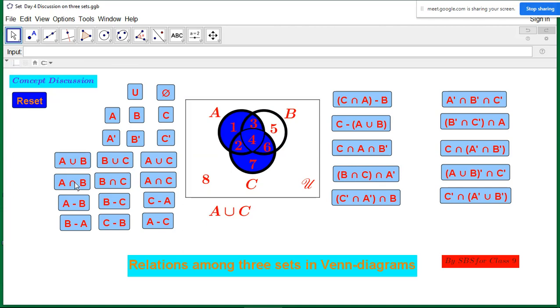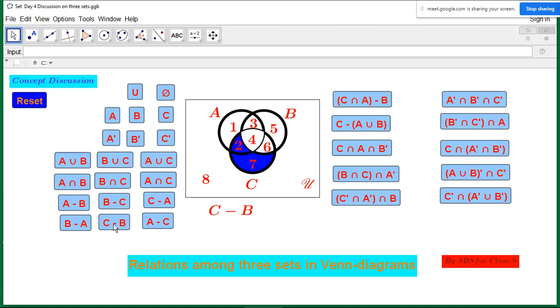Also you can see. B intersection C. A intersection C. A minus B. A minus B means the elements only in A, not in B. B minus C. C minus A. B minus A. C minus B. A minus C. These are the relations between two.